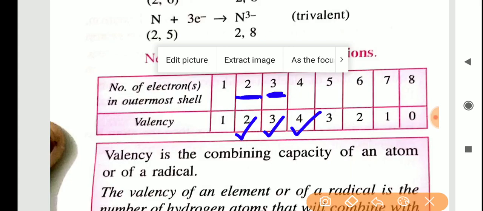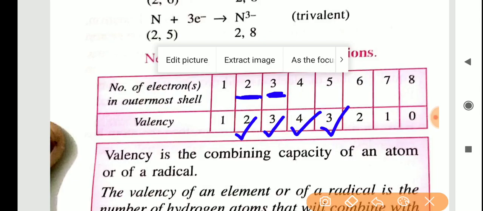Then if there are 5 electrons in the outermost shell, how many more electrons are needed? 3 more, because the total is 8 electrons. Only 5 are present, so they will gain 3 electrons. The total number of electrons gained, lost or shared is the valency. So the valency will be 3.